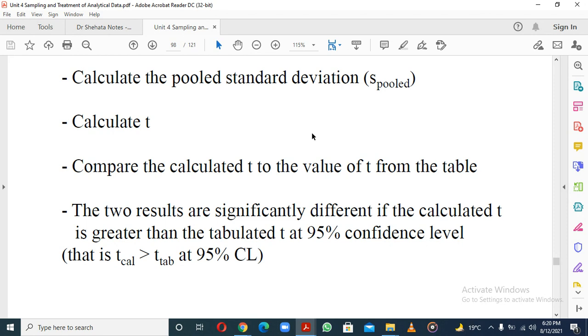Now, there is what we call a t-test table. What a t-test table does is it has different values, and these values are tabulated at different confidence levels. So there is a 90% confidence level, 85%, 80%, 95% confidence level.